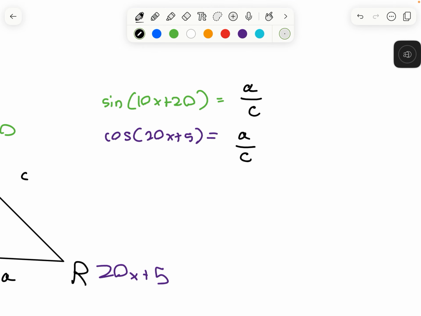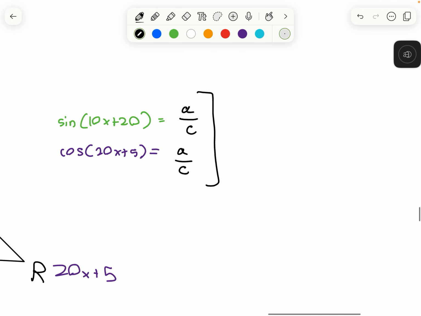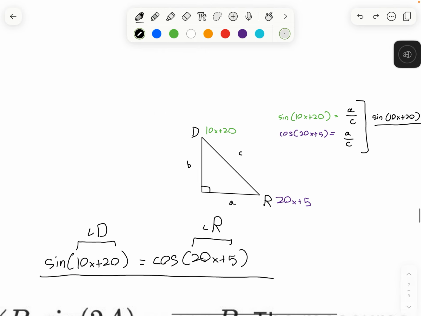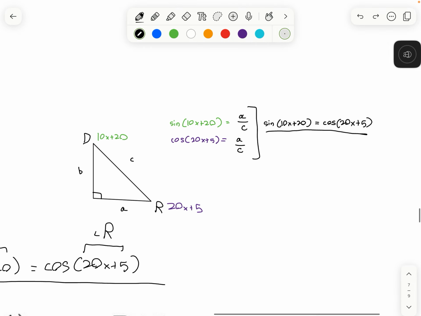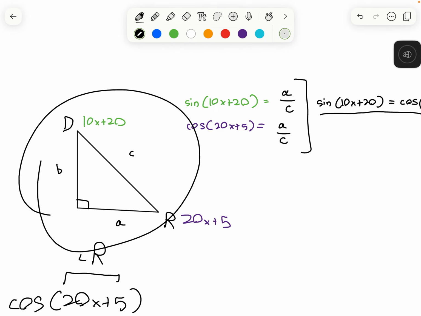What you'll realize is these two are equal to each other. Therefore, sine of 10x plus 20 does in fact equal cos of 20x plus 5. You'll realize this is the same exact equation as this. You might be wondering, what did you just do? You just proved that the equation is in fact true. More specifically, I proved that this equation is true by using a right triangle.